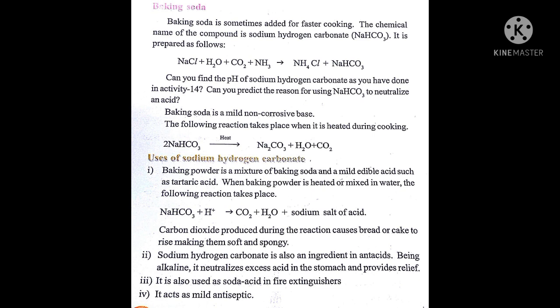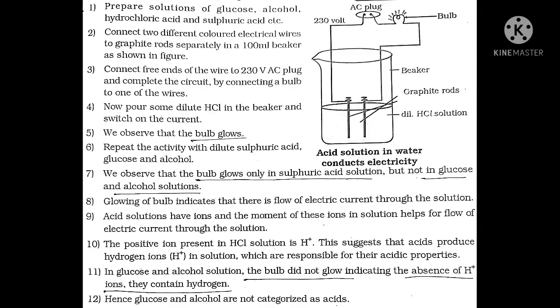In this equation we are preparing baking soda. Baking soda uses: baking soda is an ingredient in antacids. It acts as a mild antiseptic. It is also used as soda acid in fire extinguishers.